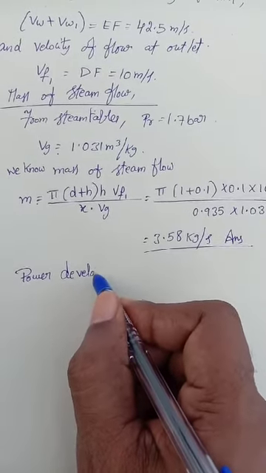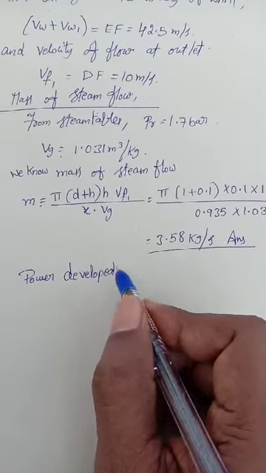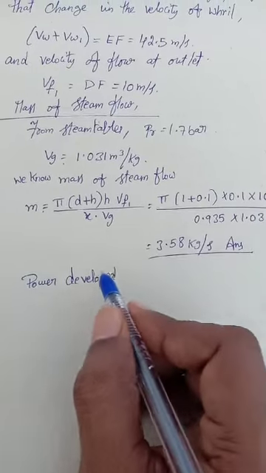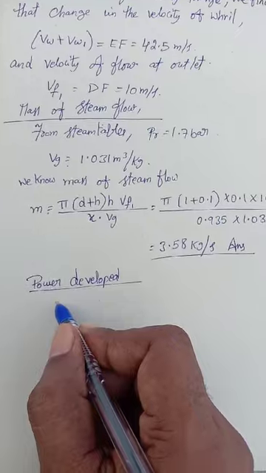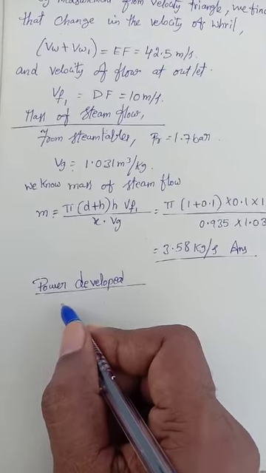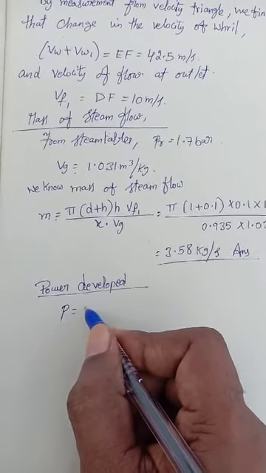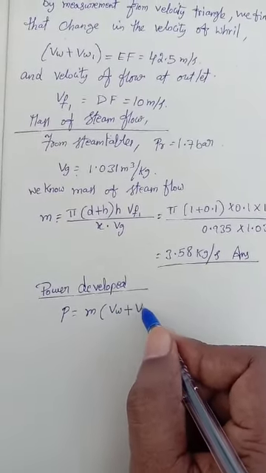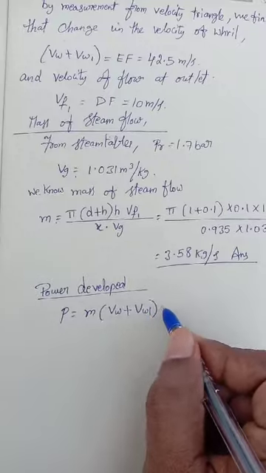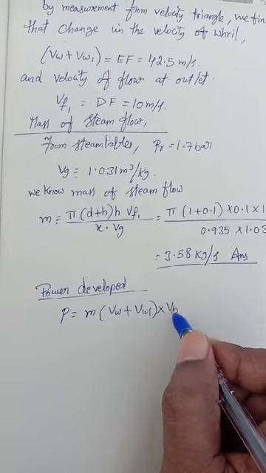So power developed in the ring of moving blades, we know that power developed in the ring of moving blades P is equal to M into (VW plus VW1) into VB.